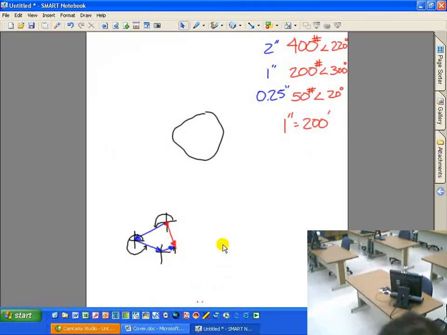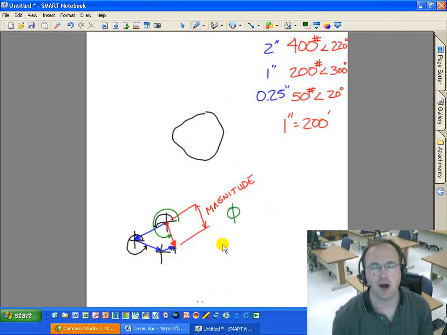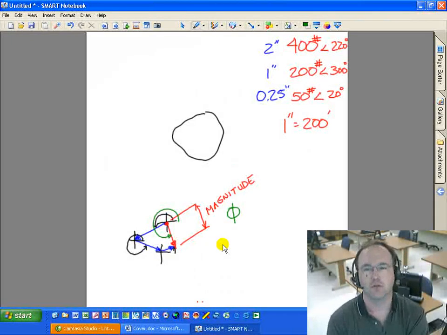Not only that, but this is my magnitude. So I can graphically scale off the magnitude, and I also can calculate the angle. So I can get both properties, both the magnitude and the direction, from using the graphical tip-to-tail method.